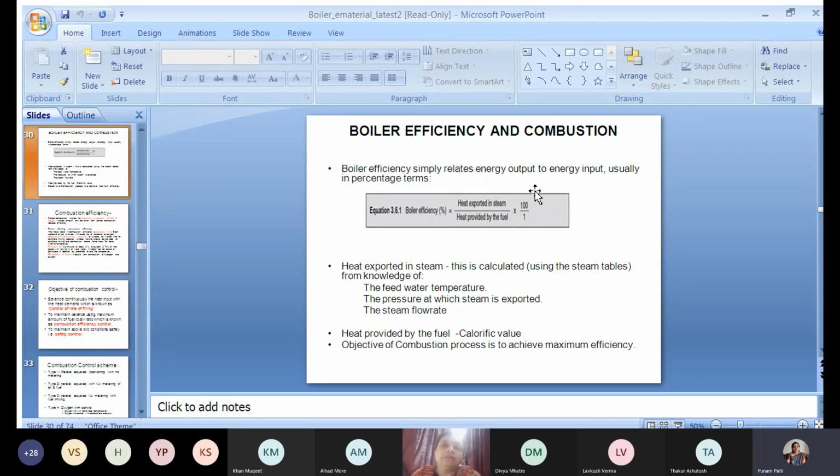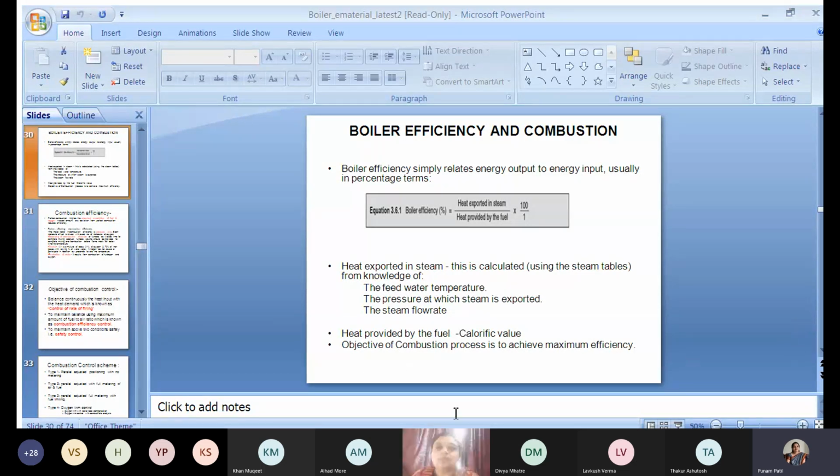Okay? Multiply by 100. So remember this formula. Now heat exported in the steam is calculated using the steam table from the knowledge of feed water temperature, pressure at which the steam is exported, and the steam flow rate. जब हम control scheme start करेंगे, I will discuss these 3 points. Then heat provided by the fuel is in calorific value.